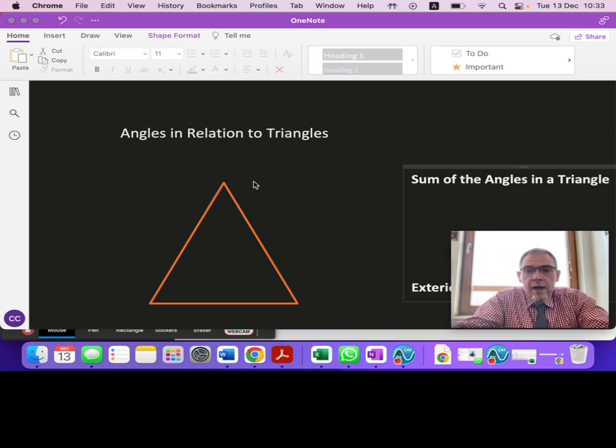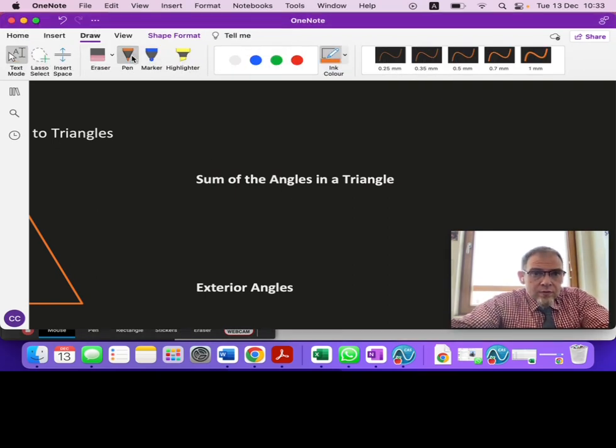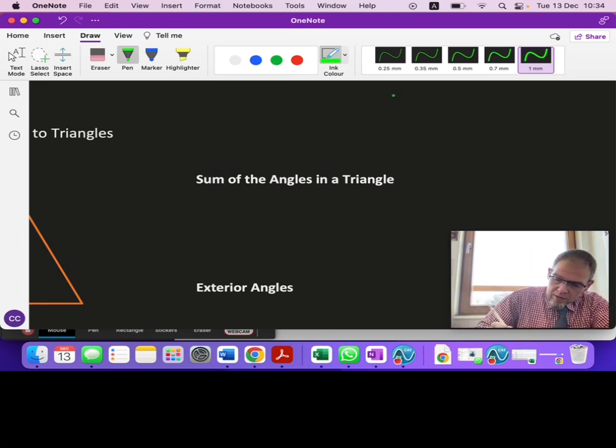So today, angles in a triangle. The first thing, and this is something that you've known for a while, we just need to formalize this. If we add all of the angles in a triangle together, we get 180 degrees. That is a really super important concept, and it's one of those things that just can't be stated enough.